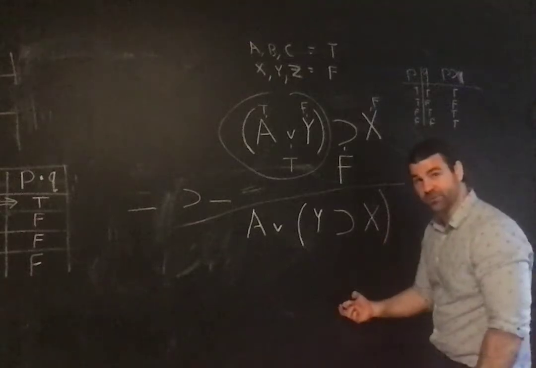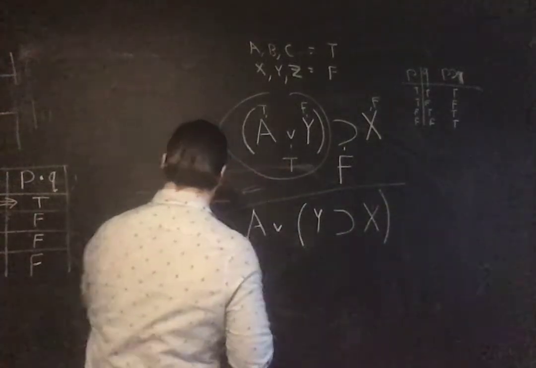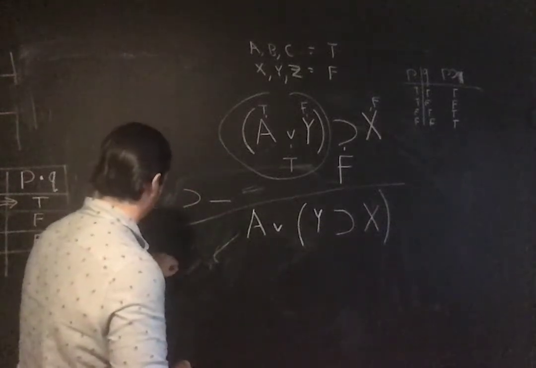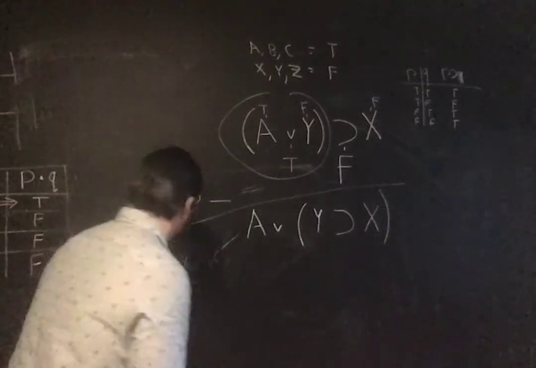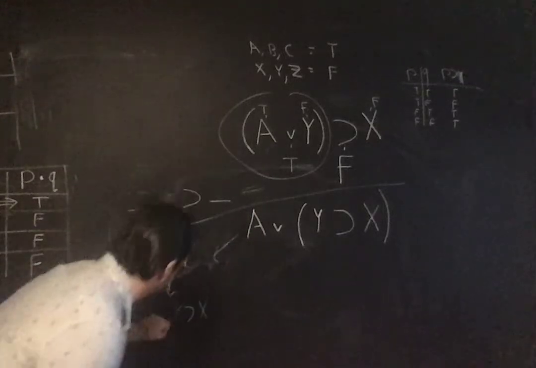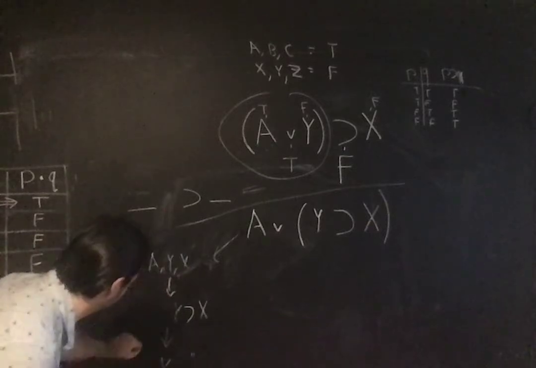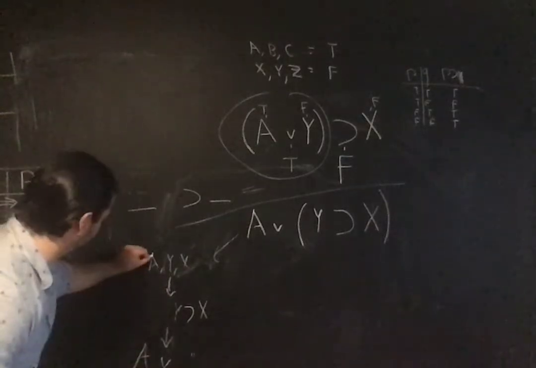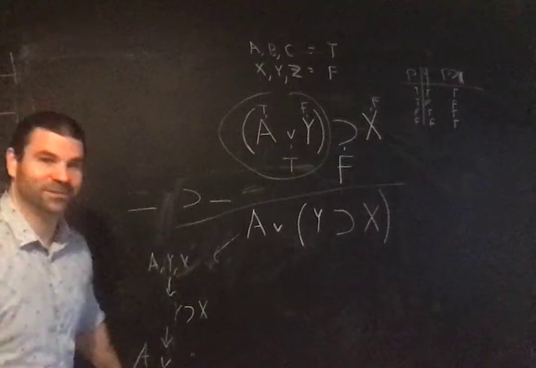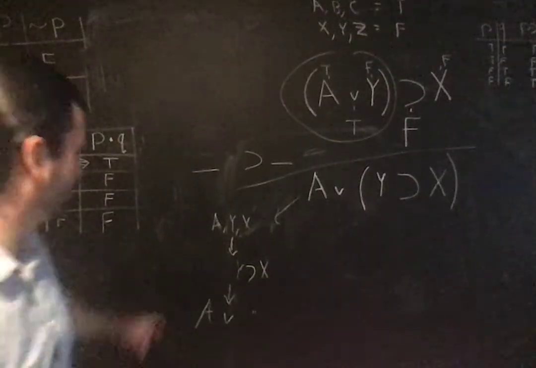So the order of construction of this one is A, comma, Y, comma, X. Then I made Y hook X, and then after that, I made a disjunction with that and A. Sorry, that's extremely ugly. But right? Order of construction there.